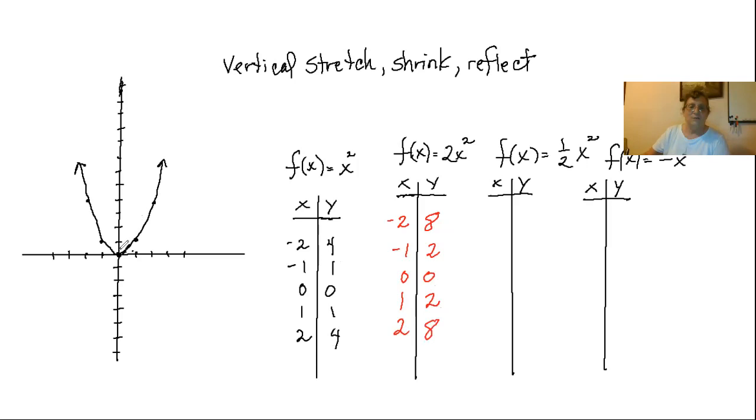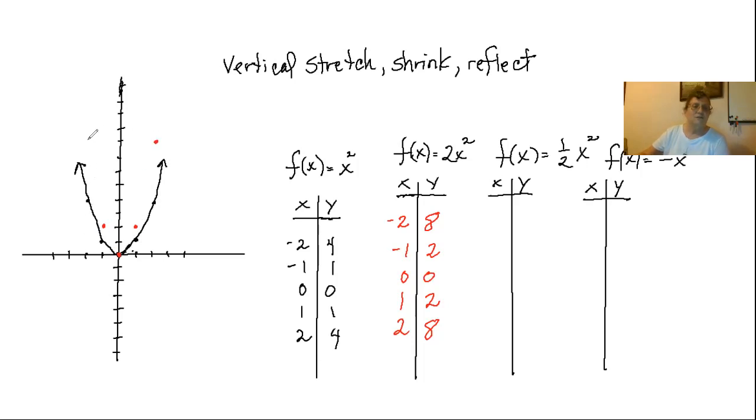So now I've got the points. I've still got 0, 0 for the vertex. But now instead of 1, 1, I now have 1, 2. And -1, 2. Instead of the point 2, 4, I now have the point 2, 8, up here.